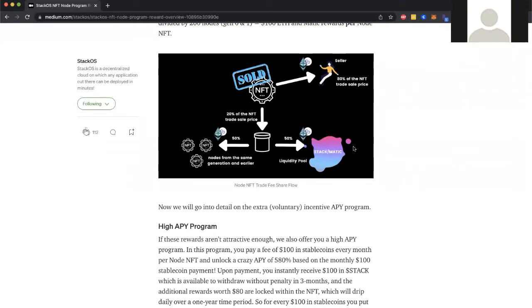And again, there are incentives to launch more NFTs, right? We talked about this earlier. When people pay the monthly $100, they receive the $100 back in 3 months at no cost, so there's no taxation. In fact, when you pay the $100 every month, it is almost immediately available to you.